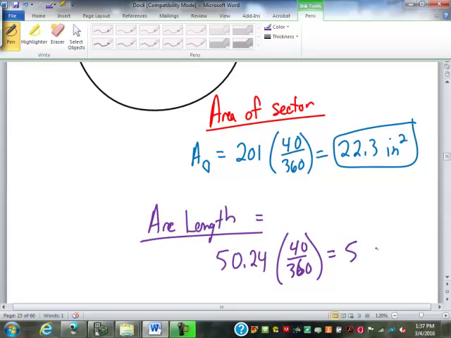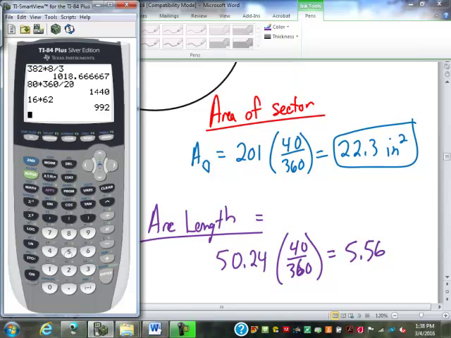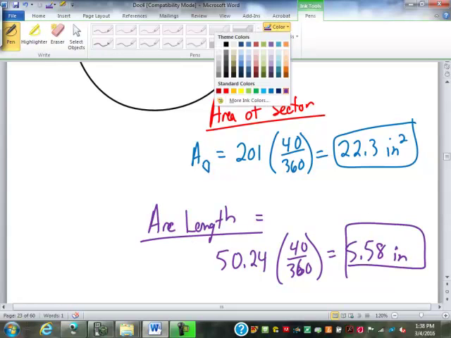So that's going to be what? 5.58, something like that. That's going to be just inches because that's the length. Does that all make sense?